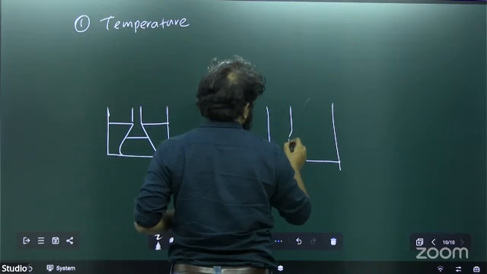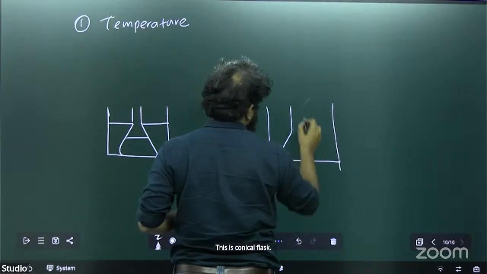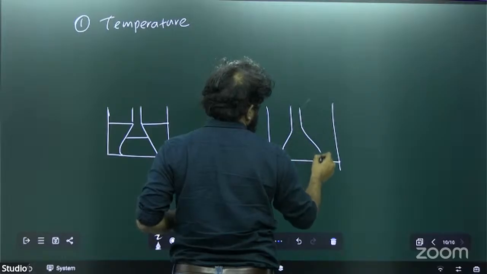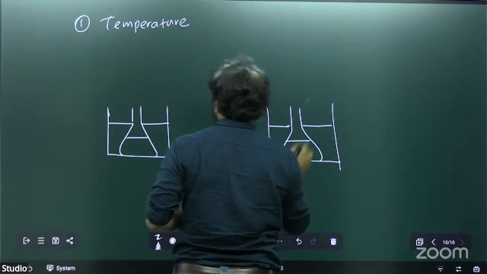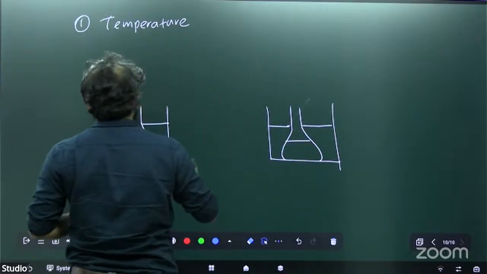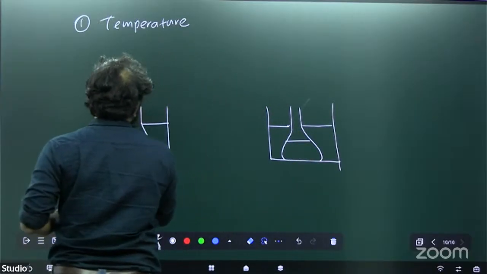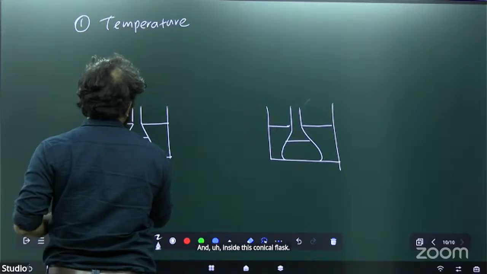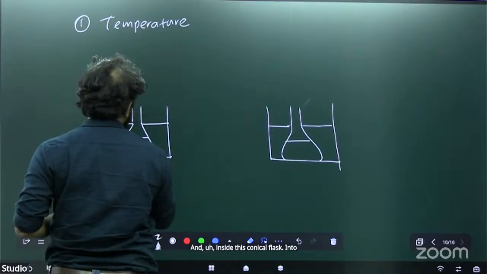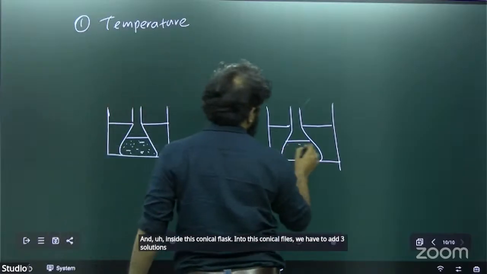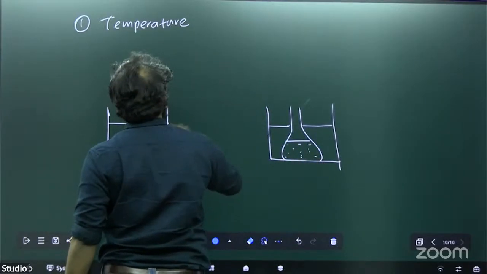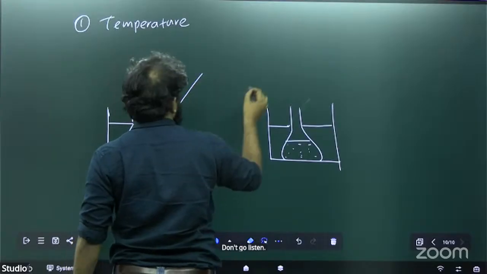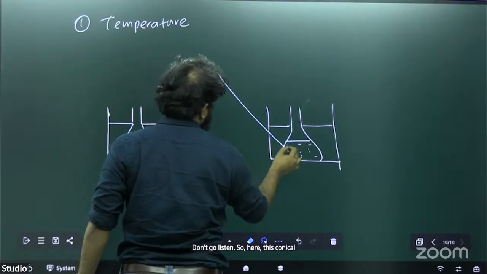This is a conical flask. Into this conical flask, we have to add 3 solutions. Don't draw, listen. So here this conical flask contains 3 solutions.